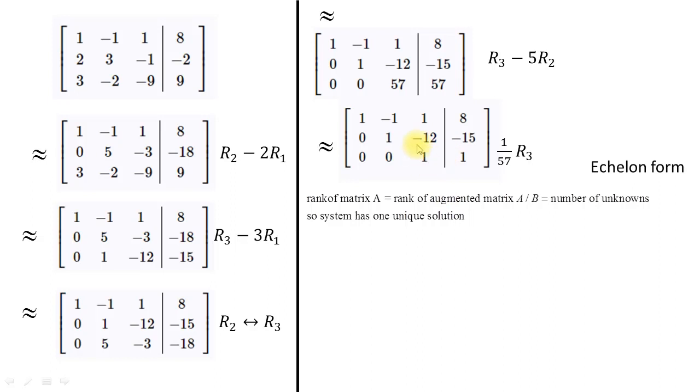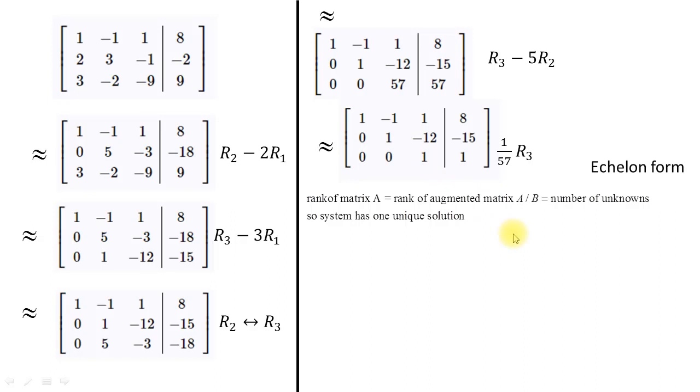At this stage, note that the rank of matrix A is 3. There are 3 non-zero rows in this echelon form. So the rank of matrix A is 3 and the rank of the full augmented matrix is also 3. So the rank of A is equal to the rank of the augmented matrix and is equal to the number of unknown variables. So the system has a unique solution.